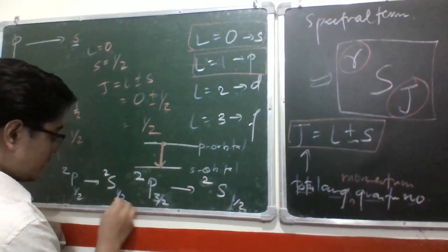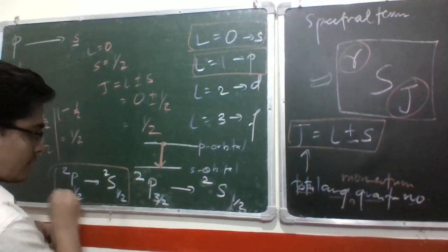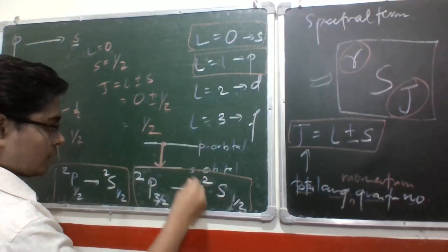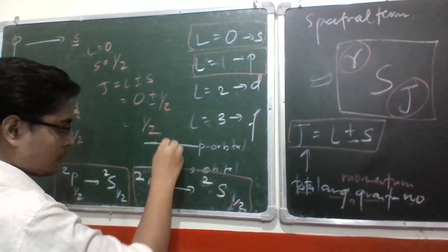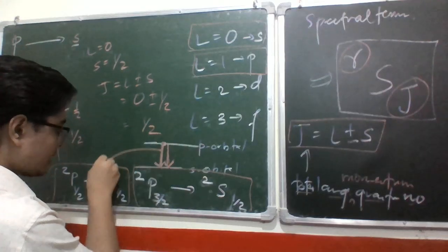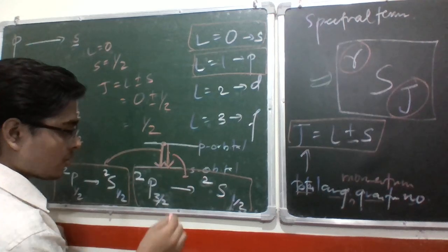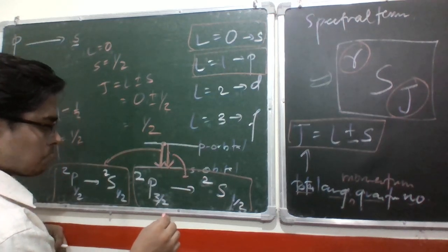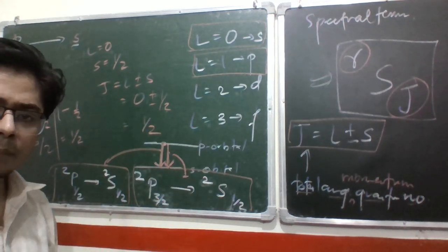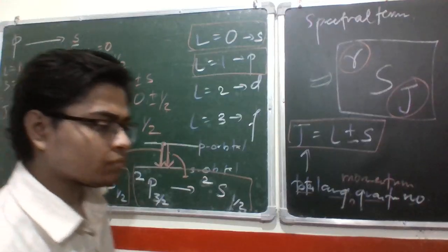The first one is given by this value, the second one by this value. So we would get two spectral lines. The first spectral line is defined as this, the second by this.